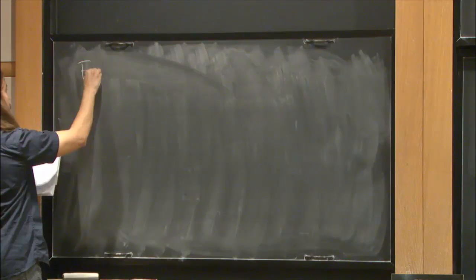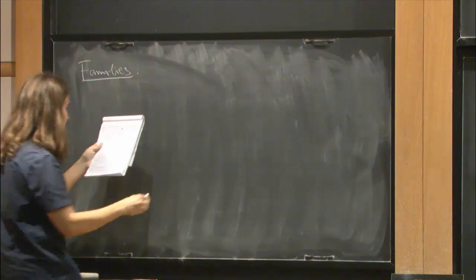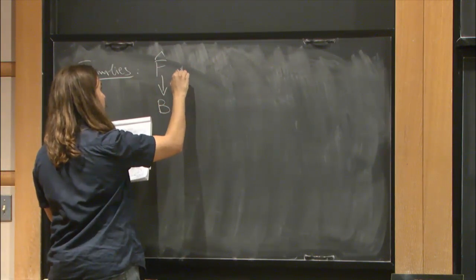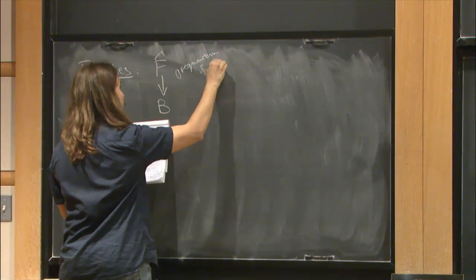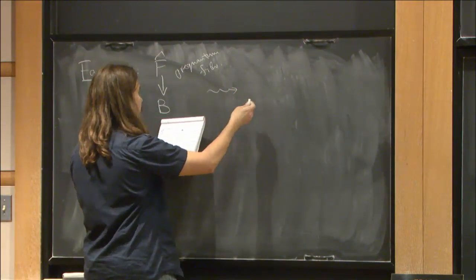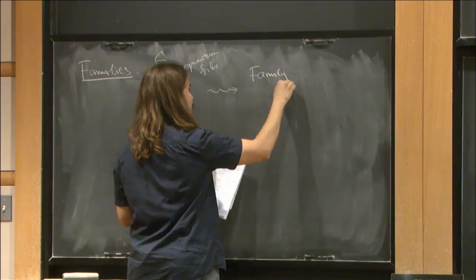So what happens in families? We have a pre-quantum fibration. This gives us a family of operators.